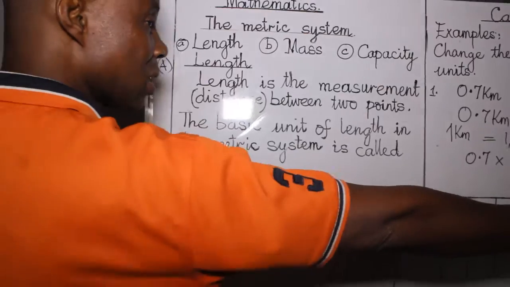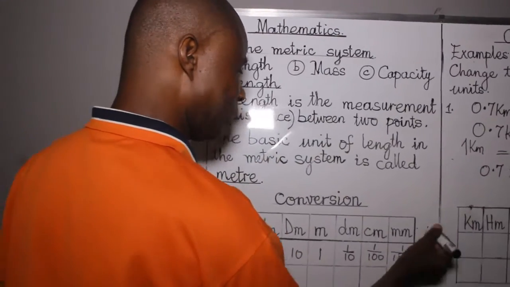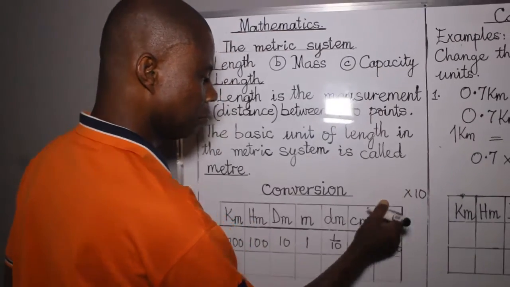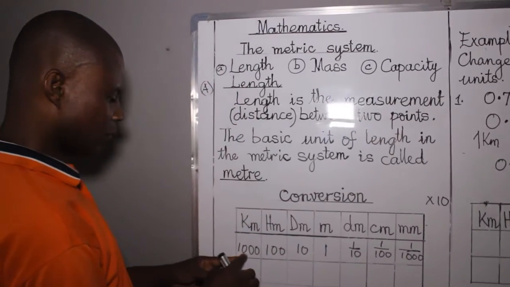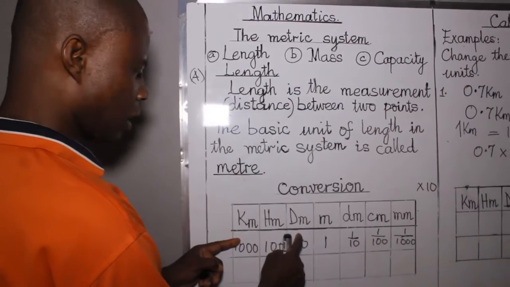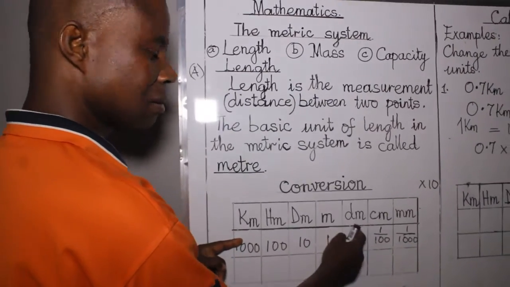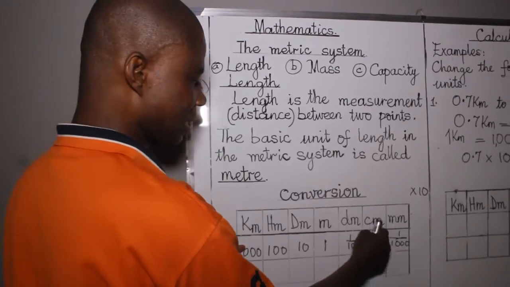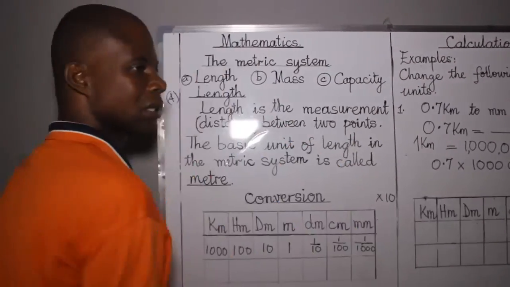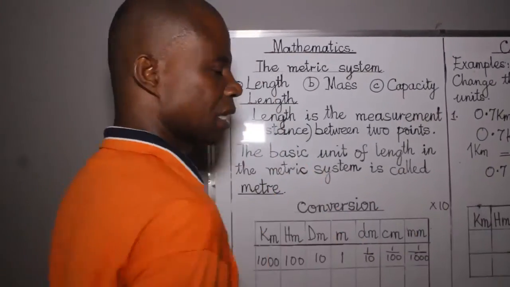When we are going towards our right, we multiply times 10. Meaning, one of these coming to this becomes 10, becomes 100, 1,000, 10,000, 100,000, 1 million. And that's how we got 1 kilometer equals 1 million millimeters.